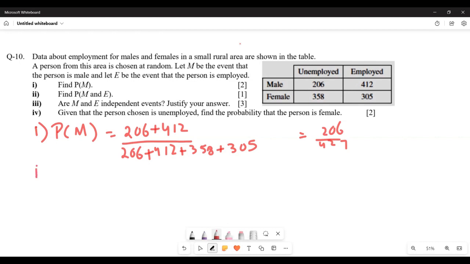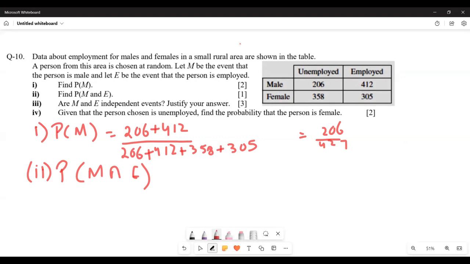पार्ट 2, फाइंड हमने करना है कि जो मेल है एंड एम्प्लॉयड है. सो दैट मीन्स न्यूमरेटर में एम्प्लॉयड मेल्स और डिनोमिनेटर में टोटल.